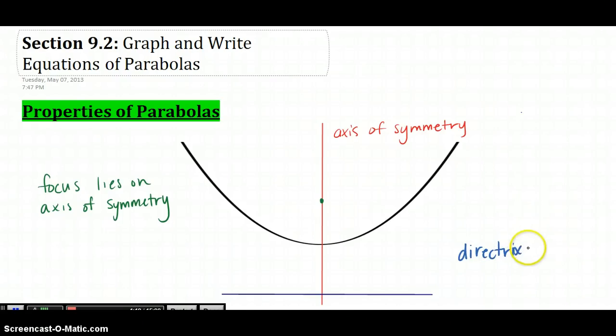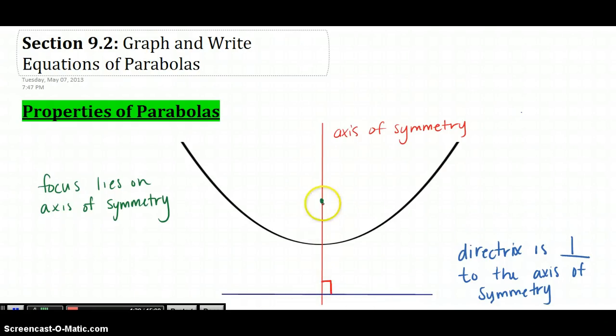And this is perpendicular to the axis of symmetry. Perpendicular meaning it has to be 90 degrees.